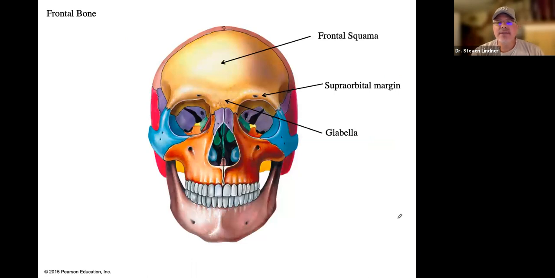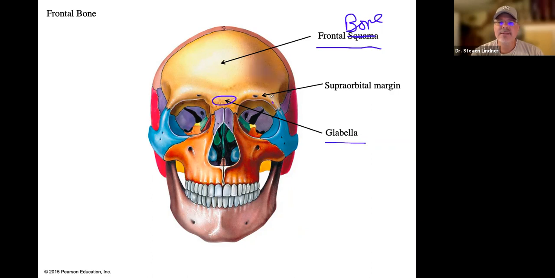Okay, let's take a look at some of the main cranial bones here. In the front, we have the frontal bone. Sometimes they call it the frontal squama, but let's refer to it as simply the frontal bone. This specific region right here is called the glabella.